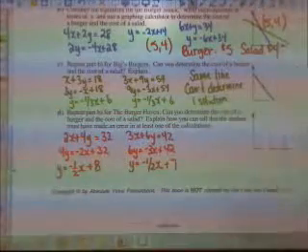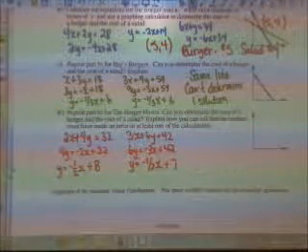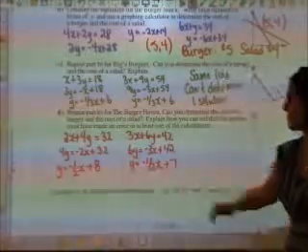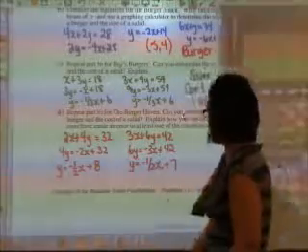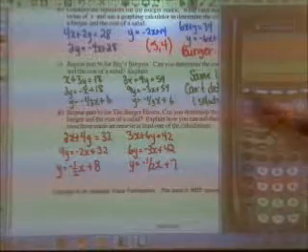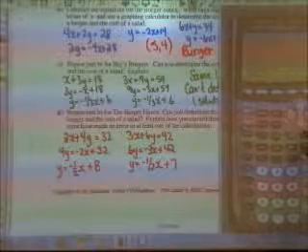What do you notice about these two lines? Pretty close. They're parallel? Why are they parallel? Because they have the same slope. Their slopes are the same. So graph them. What does it look like? They're parallel lines, what does that mean, Brianne?